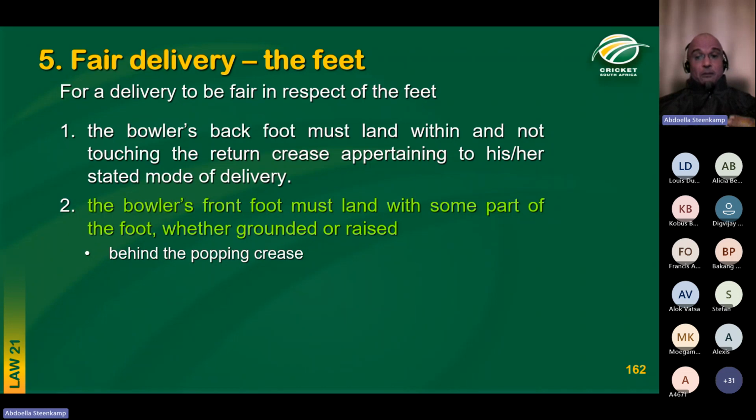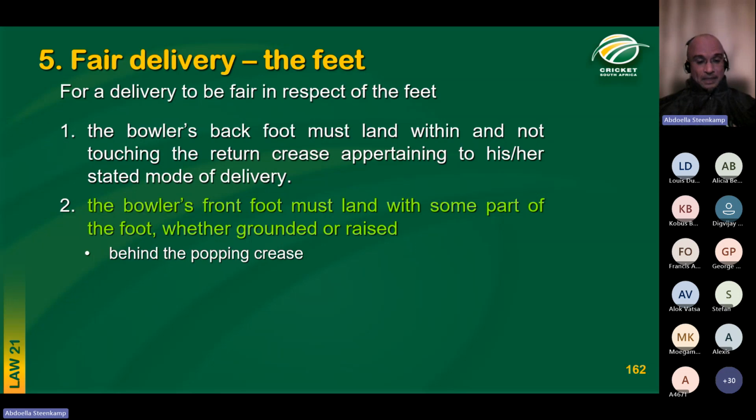So now the law tells us the front foot must land, the first landing, there must be some part of the front foot, whether it's grounded or raised, behind the popping crease. So upon first landing of the foot, not where the foot ends up, there must be some part of that foot behind the popping crease, whether grounded or raised.